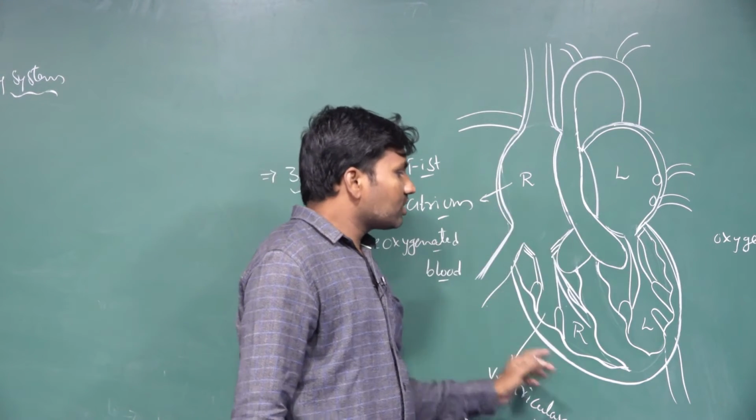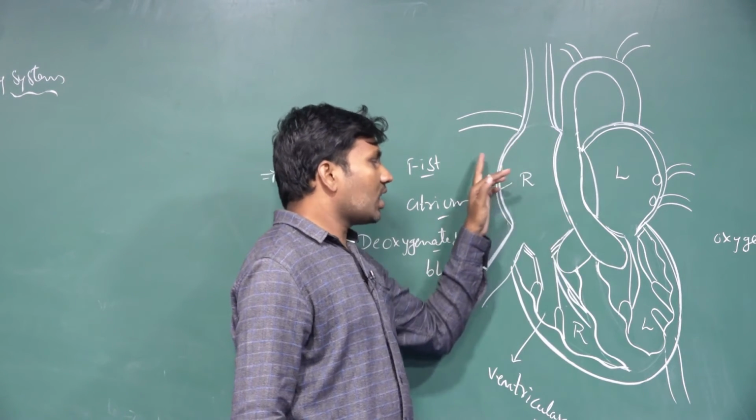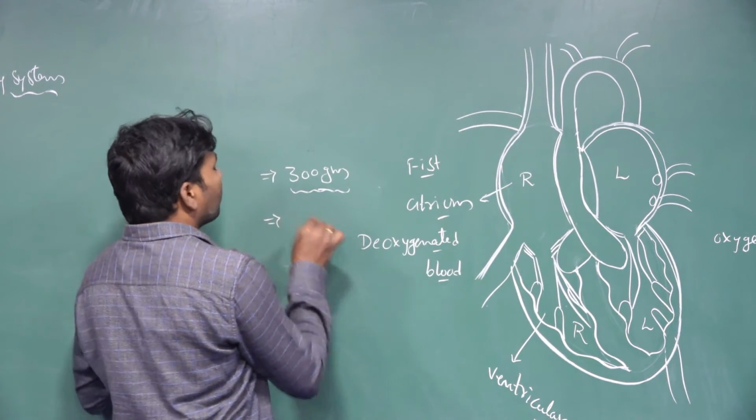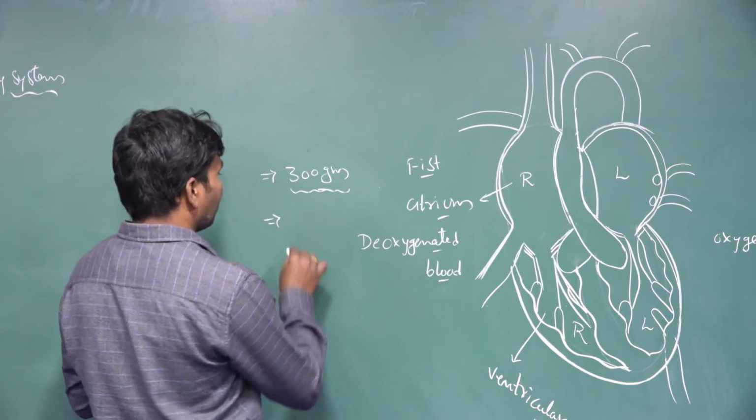The heart structure is made up of specific muscular tissue called cardiac muscle.